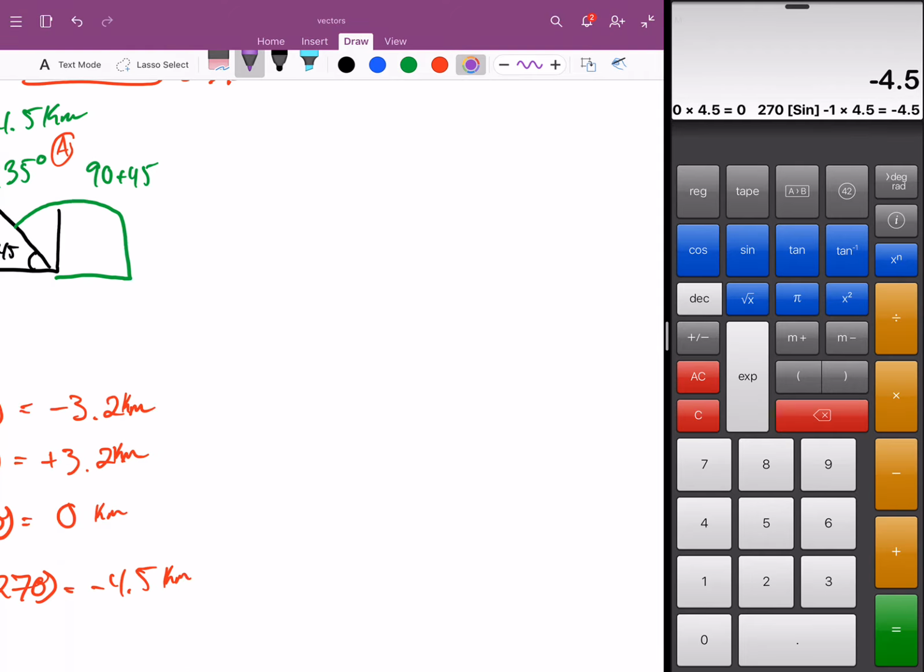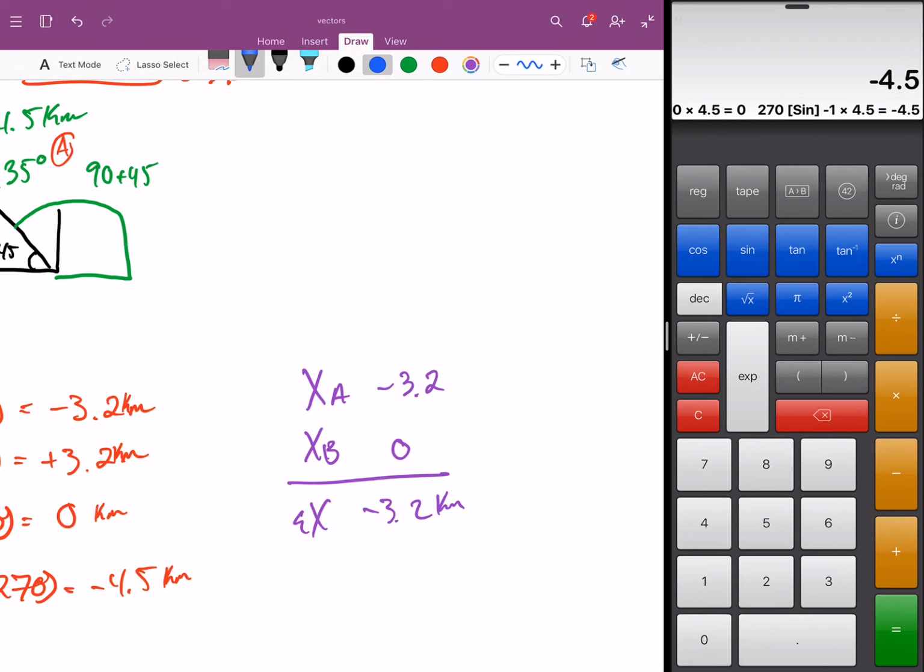Now to add them all up. XA, XB, in this case negative 3.2 plus 0, sigma x, negative 3.2 kilometers.